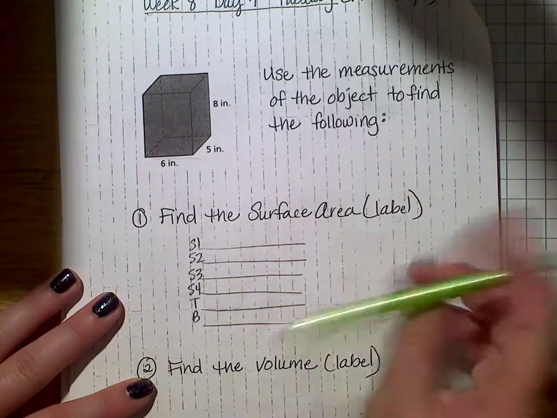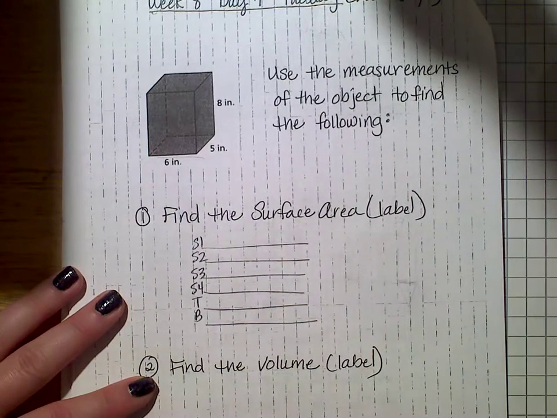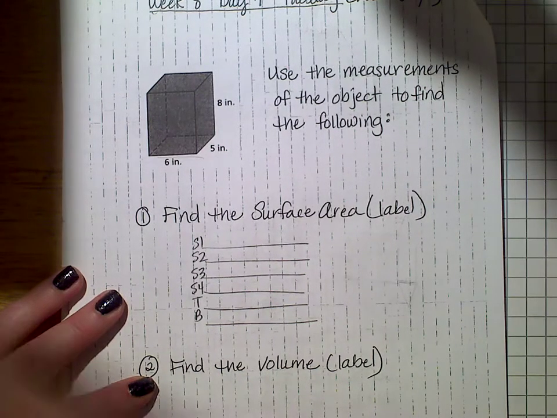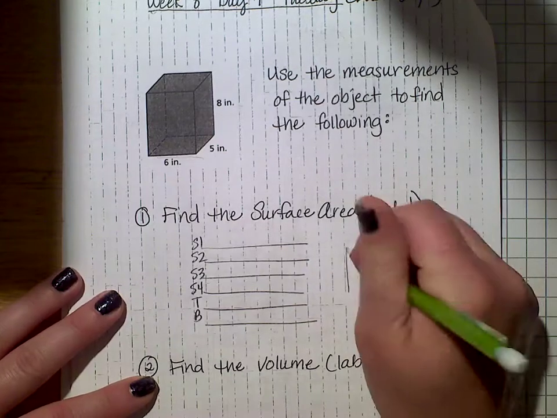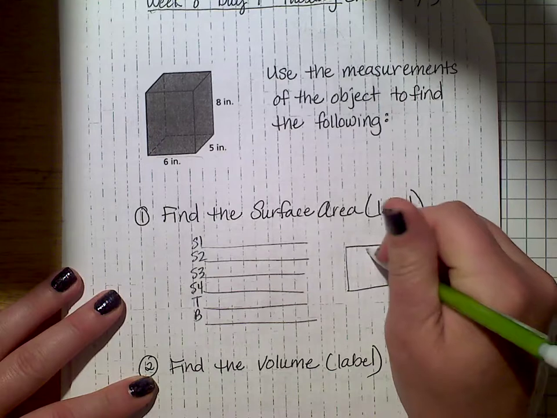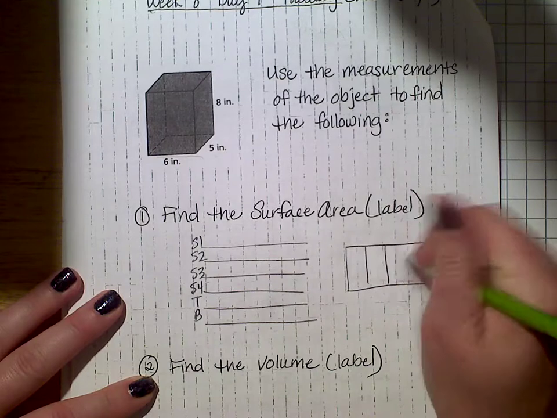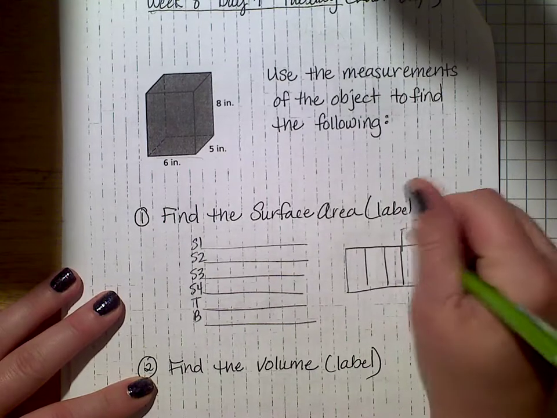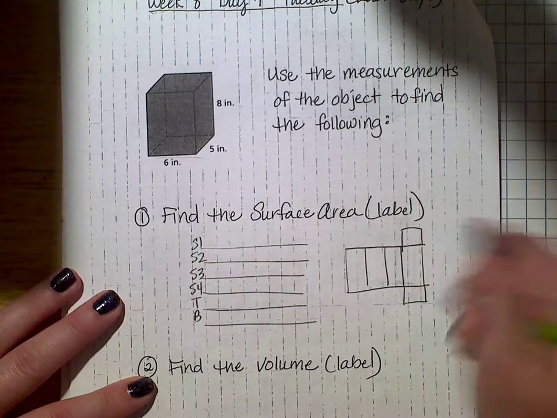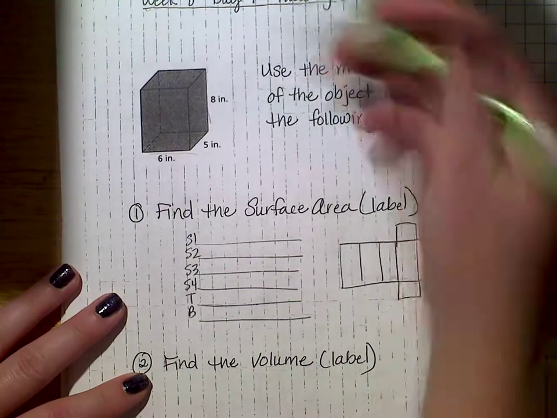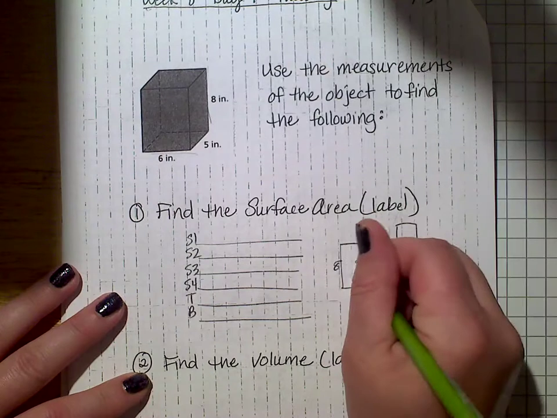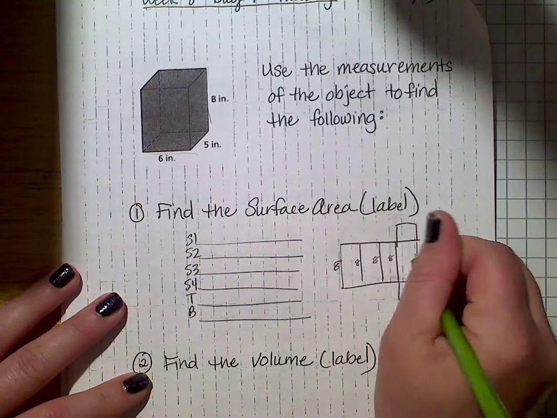Okay, so now that we have our sides ready to go, I'm going to draw our little shape like it got squished by a truck, or when you flatten a box. And the length of the sides is 8, so we're going to have 8, 8, 8, 8 all the way across.